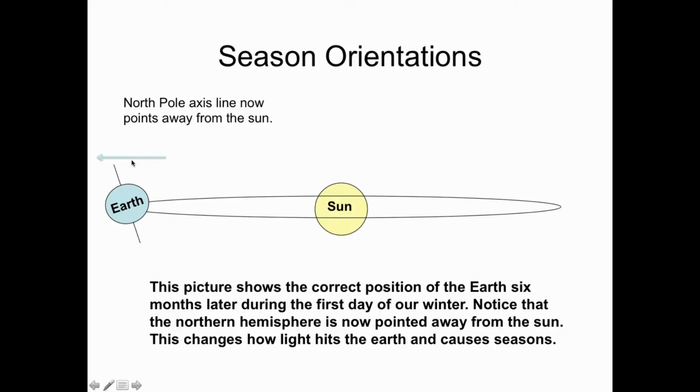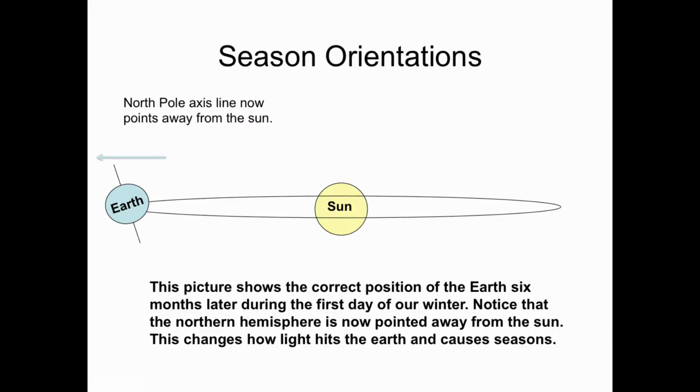Now notice that the tilt of the Earth when we had it over here in summer was going from our right to our left, and it is still doing that. And now that it's still doing that, you'll notice that the northern hemisphere, or the upper part of the Earth, is no longer facing more towards the sun. This axis stays consistently pointed in the same direction in space all year long.